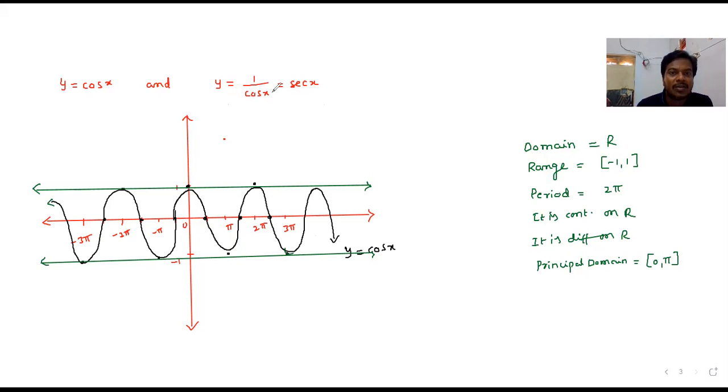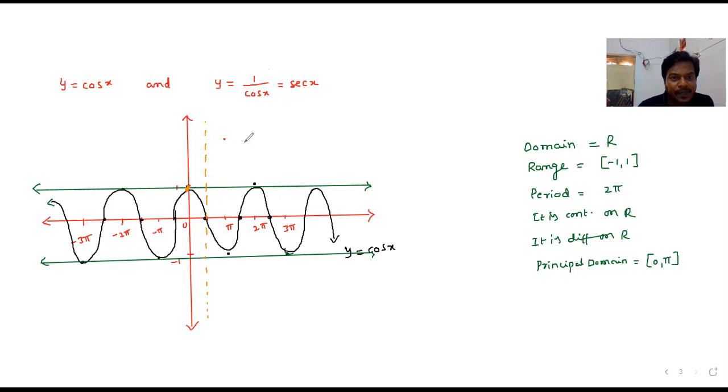Therefore, 1 by cos 0 becomes secant 0, which is 1. Next, when you write x value pi by 2, then cos 90 is 0. 1 by cos 90 means 1 by 0, not defined. Therefore, the graph does not exist at x equal to pi by 2.